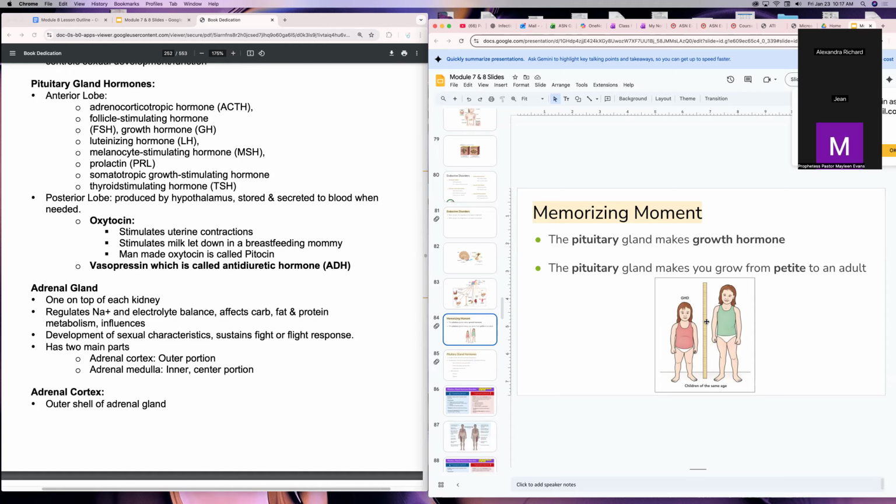The child with growth hormone deficiency is significantly smaller in height and in form. So just remember, the pituitary gland makes you grow from petite to an adult, because it makes growth hormone.